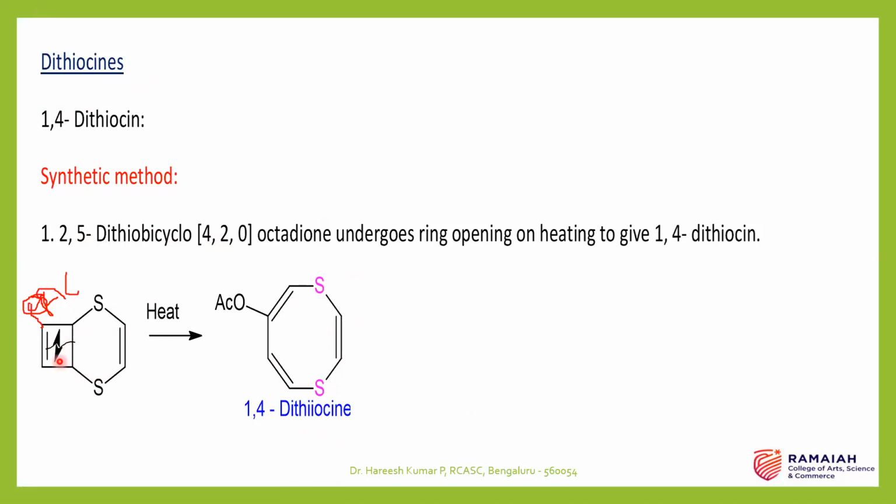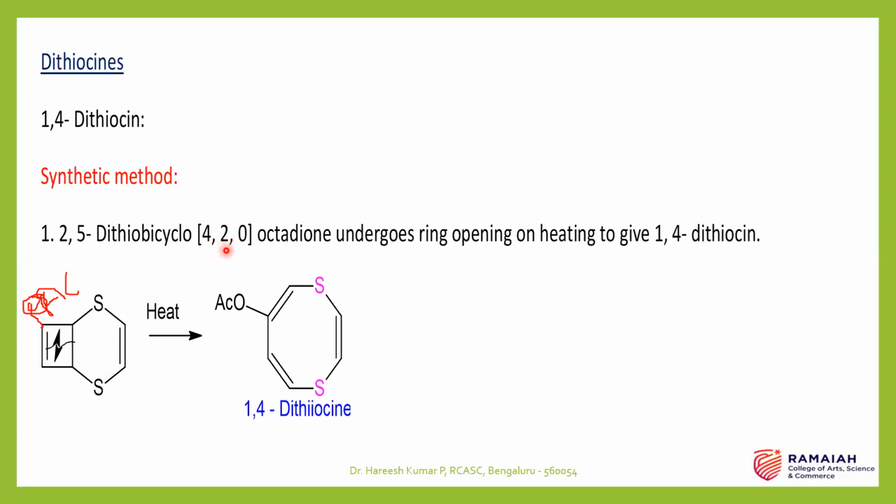More particularly, what is the name of this bicyclic compound? This is OAc, meaning an acetoxy group, and 2,5. This is 1, 2, 3, 4, 5. So that means 2 comma 5 dithio bicyclic.